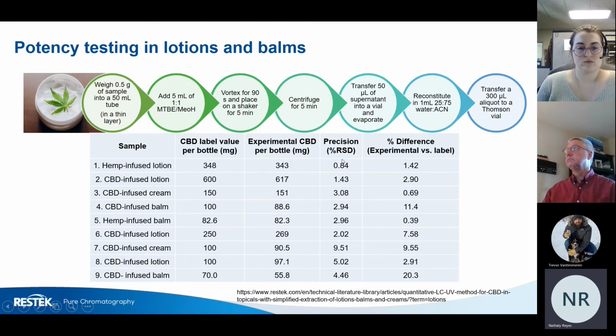And as we can see here, results in terms of precision were really good. And here we have the difference between experimental and the CBD content specified on the label of the different products. So in most of the cases, the results were in agreement. There was this particular product that showed about 20% difference.